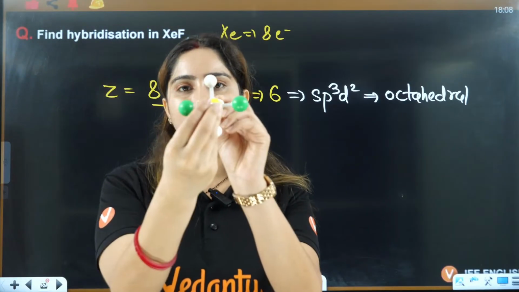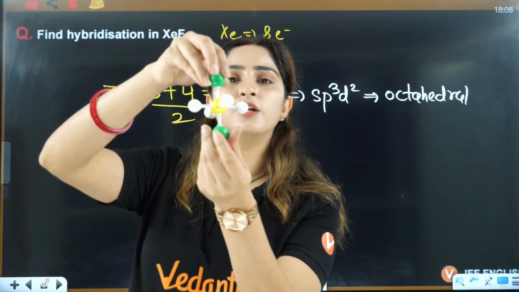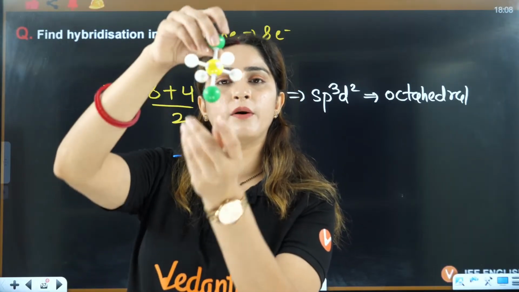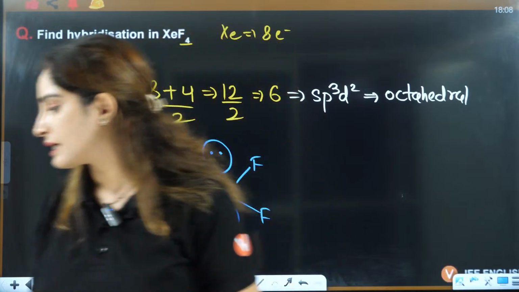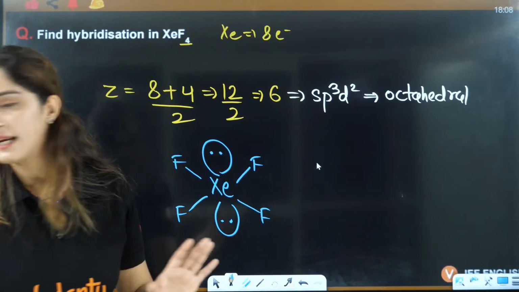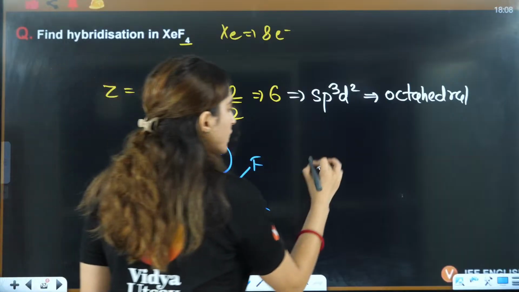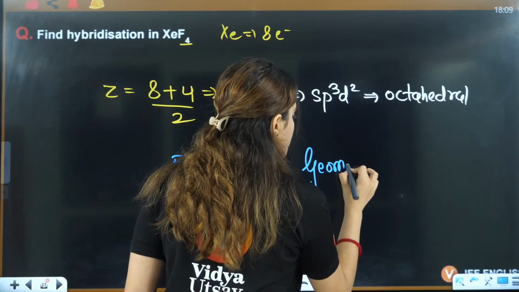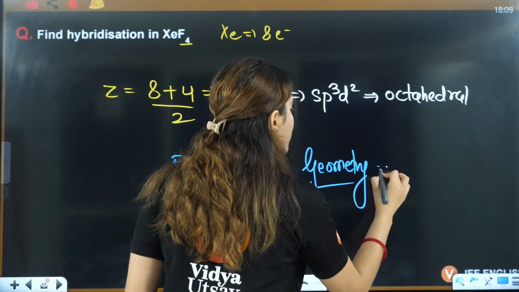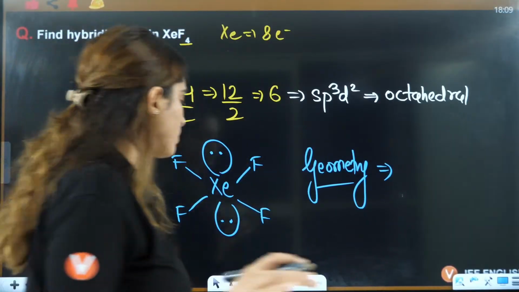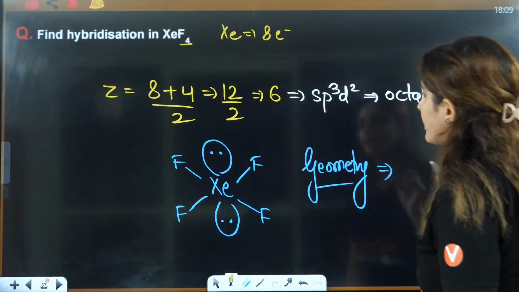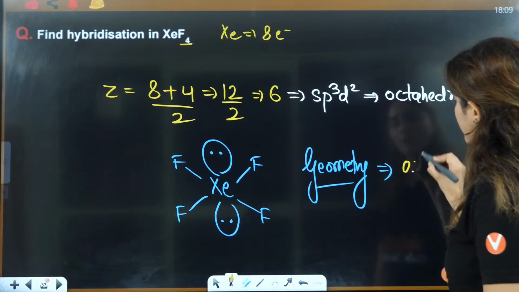White is the fluorine atom and these green are the lone pairs, with 1 lone pair above and 1 lone pair below, right? So till now I am just telling you the geometry here. Shapes we are not talking about today, that we'll talk about tomorrow, and we'll discuss a lot of structures also. So the geometry is going to be octahedral.